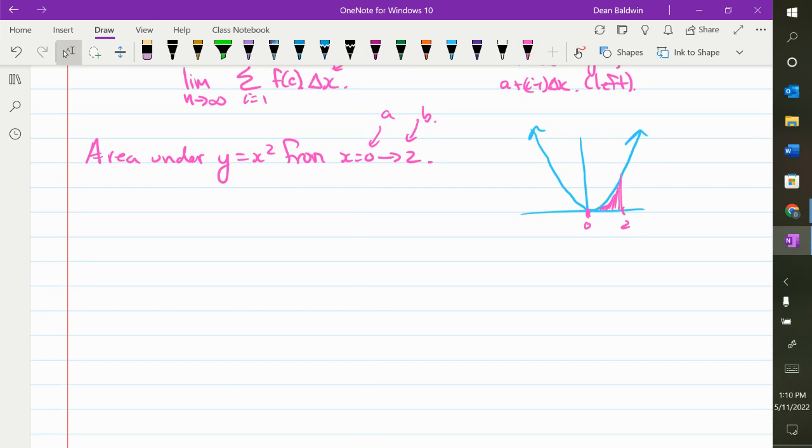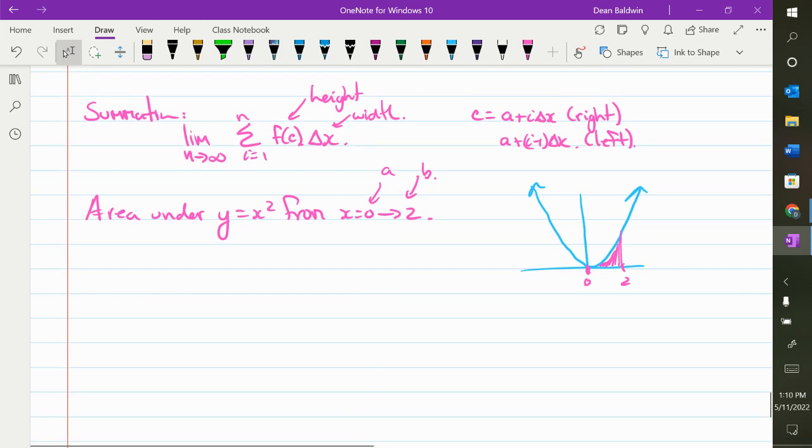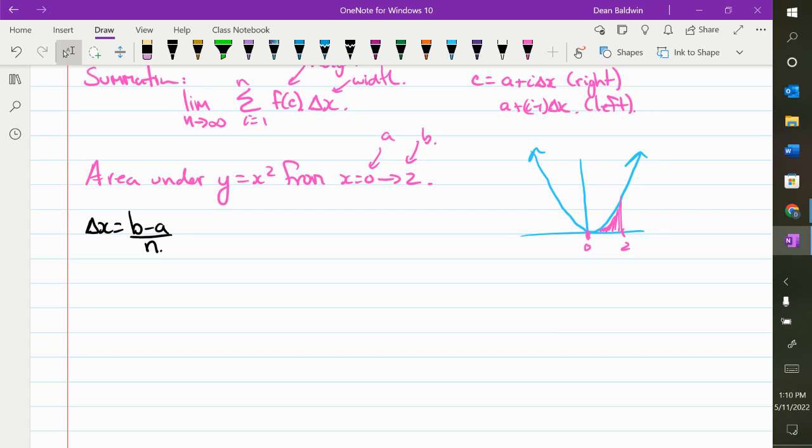Okay. Are we ready? Here we go. First of all, what does delta x mean? What's the formula for delta x? b minus a all over n. It's the difference between the endpoints divided by the number of rectangles you're going to use. That's what n is. So b minus a is 2 minus 0, so delta x is 2 over n.